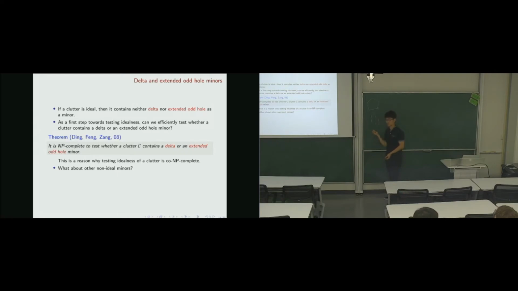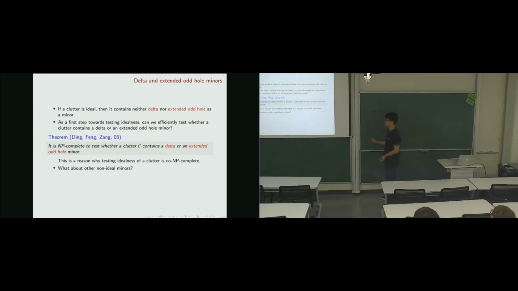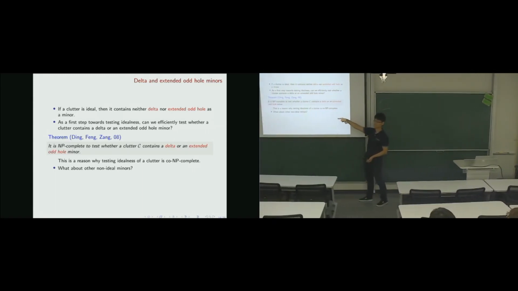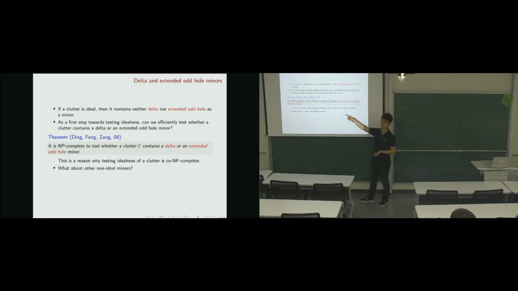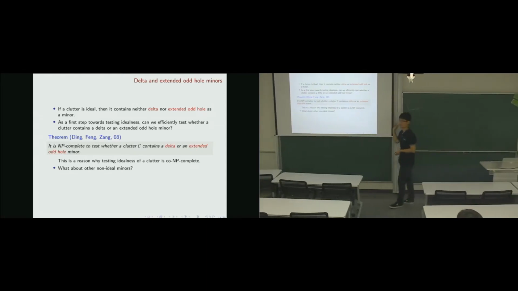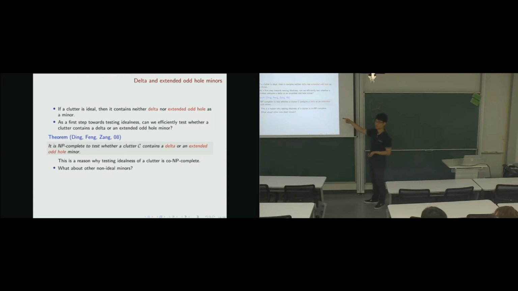This is just a triangle. And extended odd holes of size n at least 5 are just like odd cycles. So finding delta as a minor can be done in polynomial time. But in this statement, I just made an artificial statement. For this hardness result, you just find triangles and odd cycles.